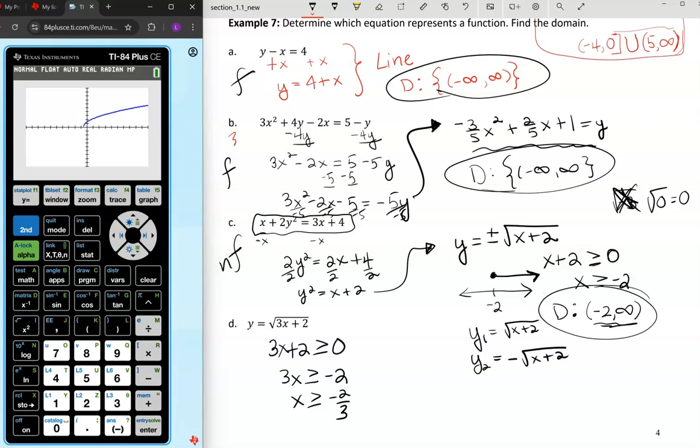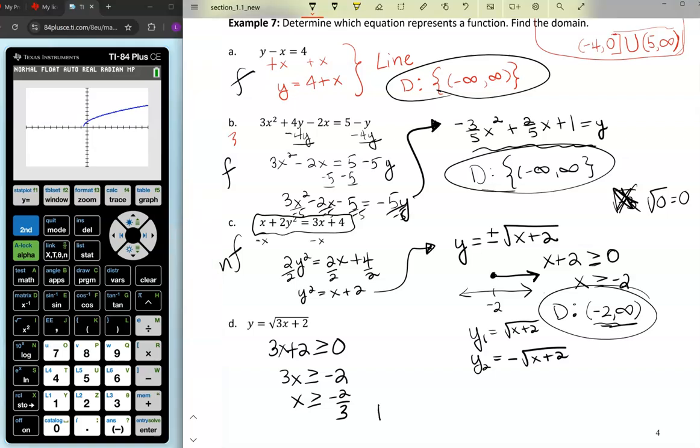But solving this one was so simple. We have x has to be bigger than or equal to -2/3. Then what we would say is the domain is from, oh, and I messed up here, didn't I? I'll come back in a minute. The domain is from -2/3, and it's included, and then it keeps going to the right, infinity. So there's our domain.